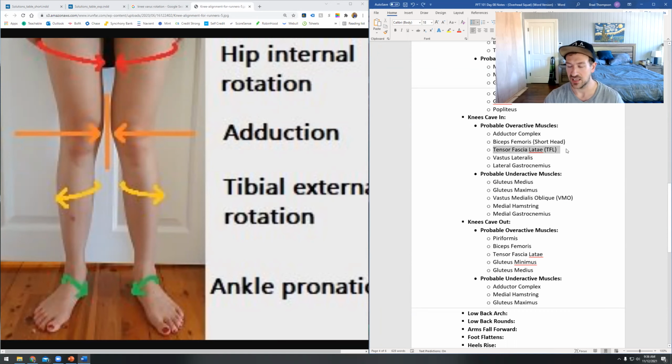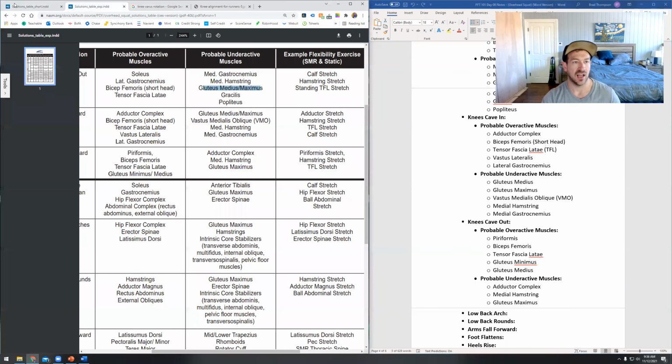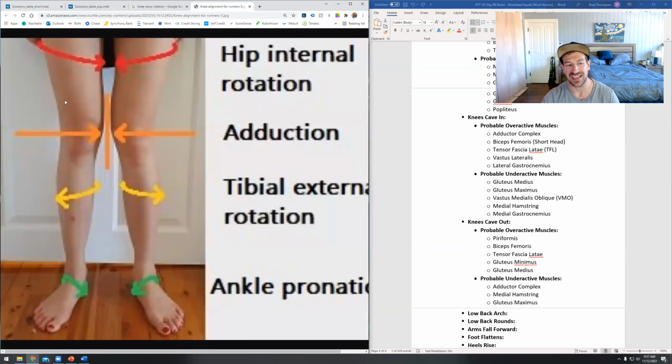TFL again, that's the tensor fasciae latae up here doing the hip internal rotation. We also see vastus lateralis. This is listed in the corrective exercise book. It's not going to be listed in your regular book. Actually, I guess it is in the regular book. So get that one memorized. My apologies. The vastus lateralis is a quadriceps muscle on the outside.